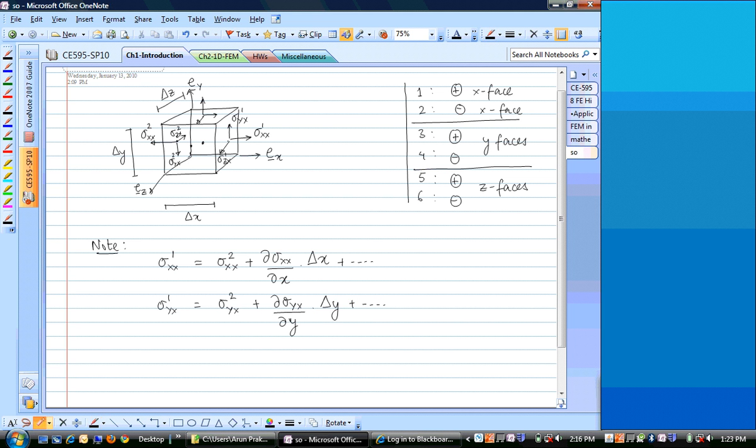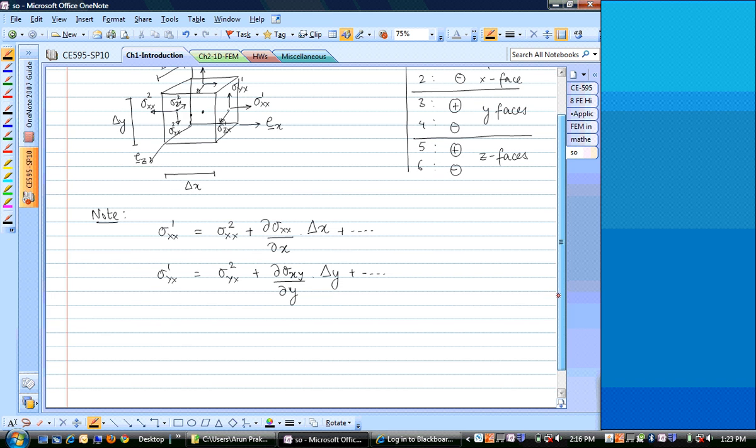Actually, this is sigma xy. And similarly, you have sigma xz on the first face equal to, sorry, I think I've, okay, let me redo this.